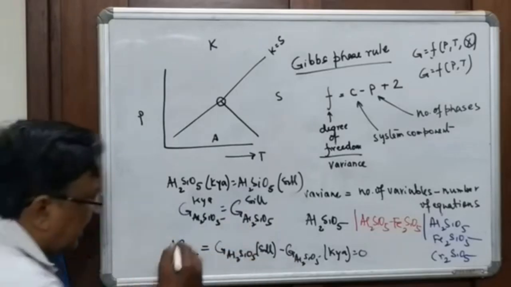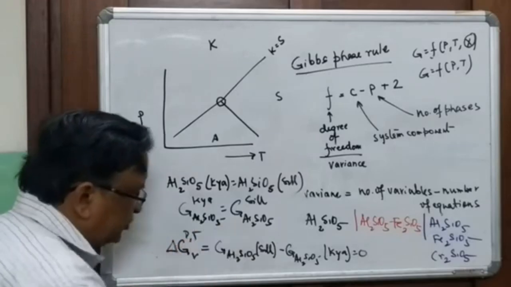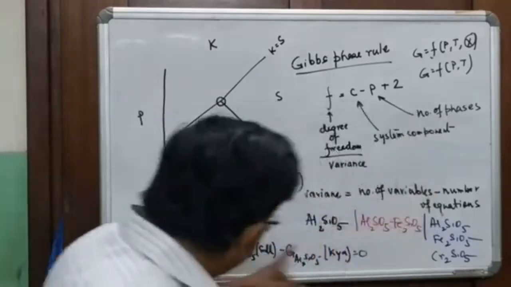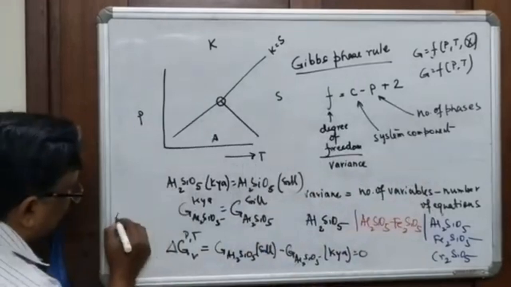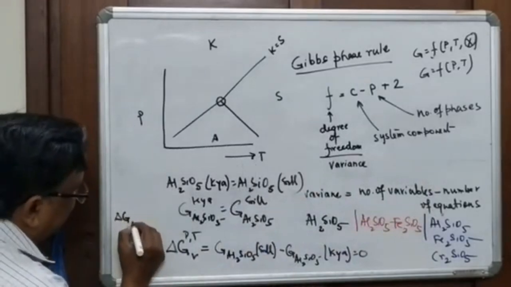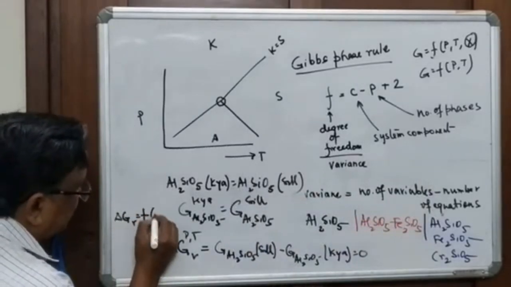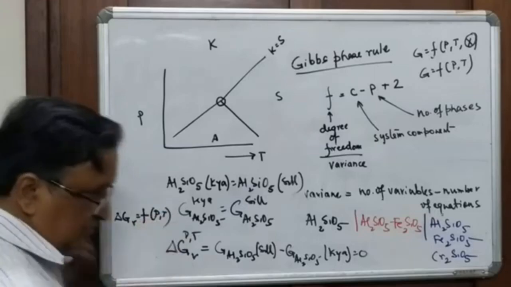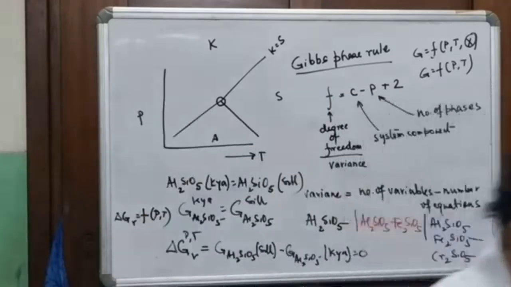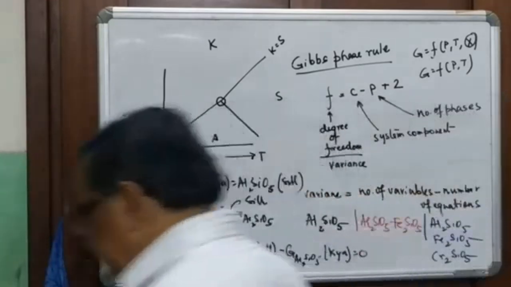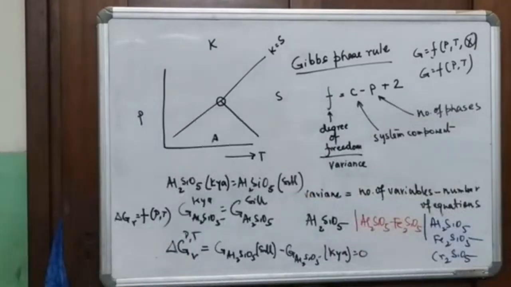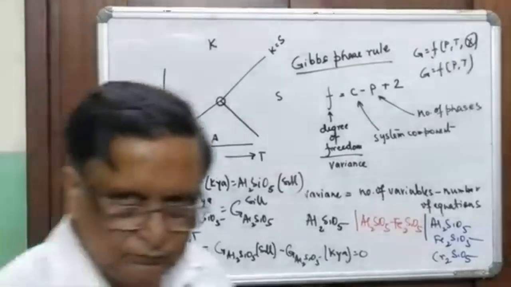So delta Gr at equilibrium should be equal to 0, and this delta Gr will be a function of pressure and temperature. Right?